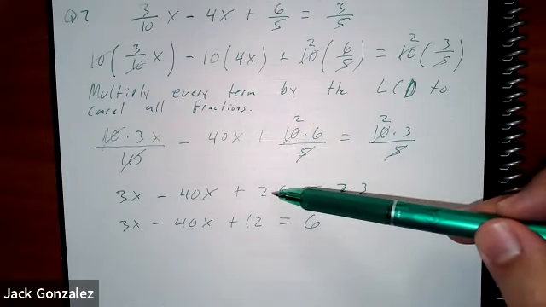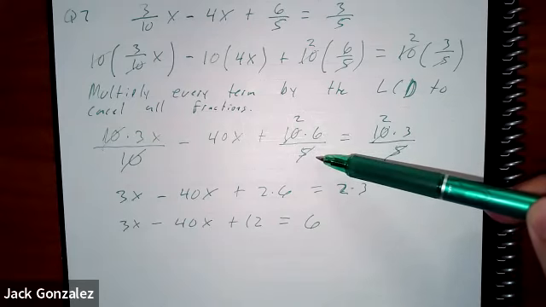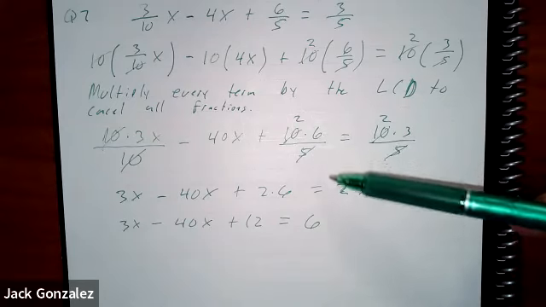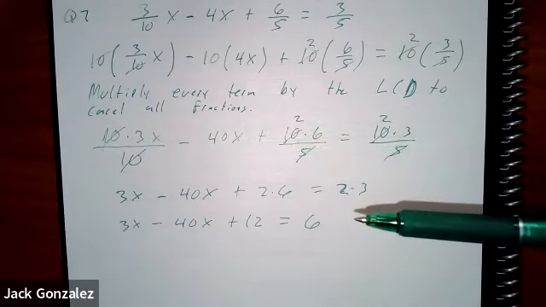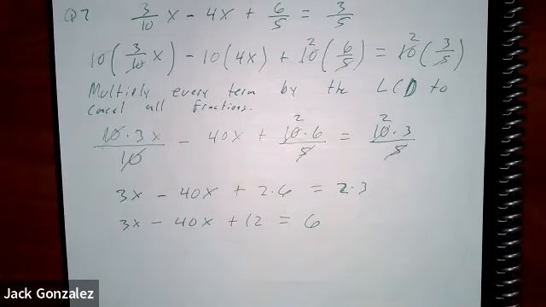So this 2 is right here. You could multiply 10 times 6 and then divide by 5, which is the same. But I want you to see the cancellation because that was the whole point of multiplying by the LCD, to cancel fractions. If you multiply it first, you might get giant numbers and then it could be harder to reduce. So I just recommend canceling as soon as you can.